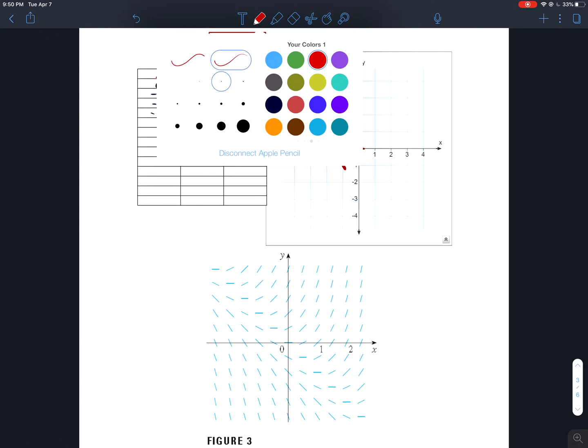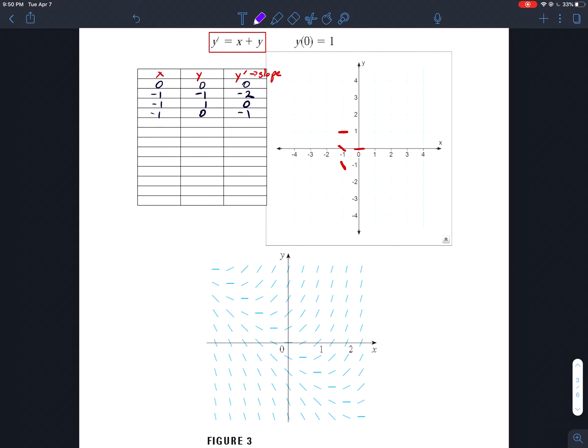So at the particular point where when x is 0, y is 1, I really don't have values on the y-axis, but let's say this is 1, 2, 3. So that means 0, 1 is this point right here, all right? Right here where my cursor is.